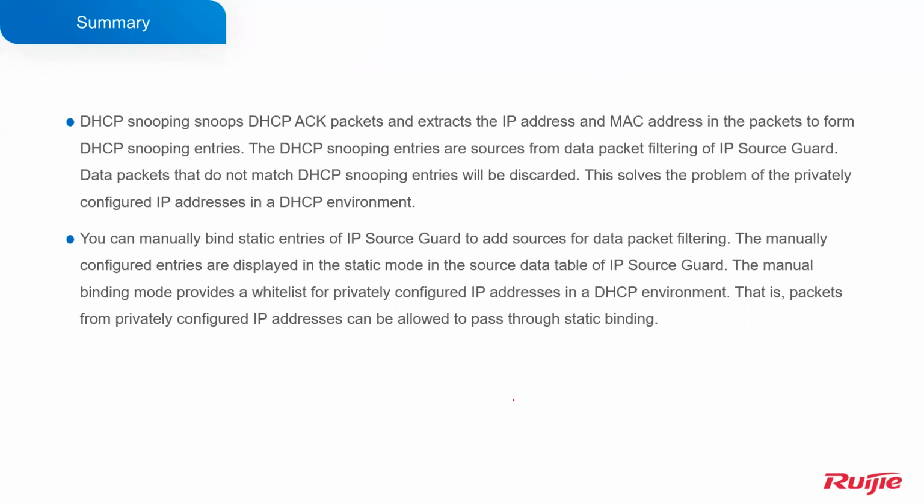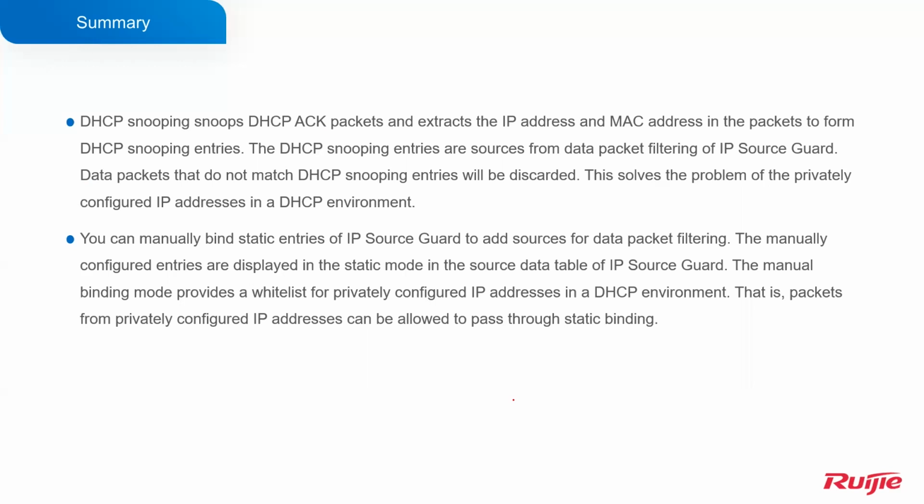You can manually bind static entries of IP source guard to add sources for data packet filtering. The manually configured entries are displayed in static mode in the binding table of IP source guard. The manual binding mode provides a whitelist for statically configured IP addresses in a DHCP environment. That is, packets from statically configured IP addresses can be allowed to pass through the static bindings.